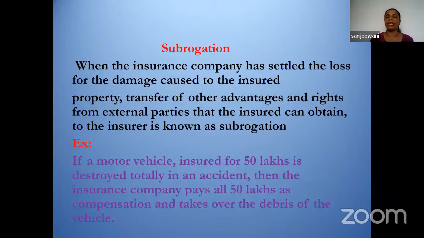When the insurance company has settled the loss for the damage, the insured can transfer the other advantages and rights over external parties to the insurance company. This is known as subrogation. In the example I have given, if a motor vehicle insured for 50 lakhs is destroyed totally in an accident, the insurance company pays all 50 lakhs as compensation, then takes over the debris of the vehicle.